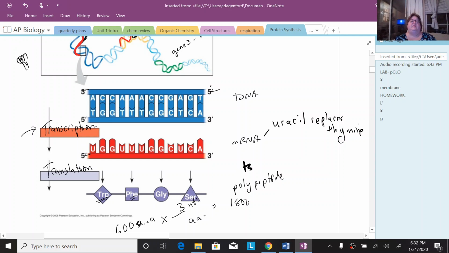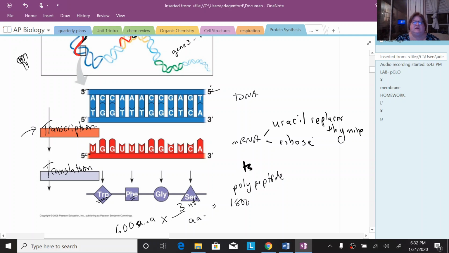And then the other part that gets replaced is the sugar. Now, you can't see it on this diagram, but RNA has ribose instead of deoxyribose. And then RNA is single-stranded. Now, that does have some interesting characteristics.